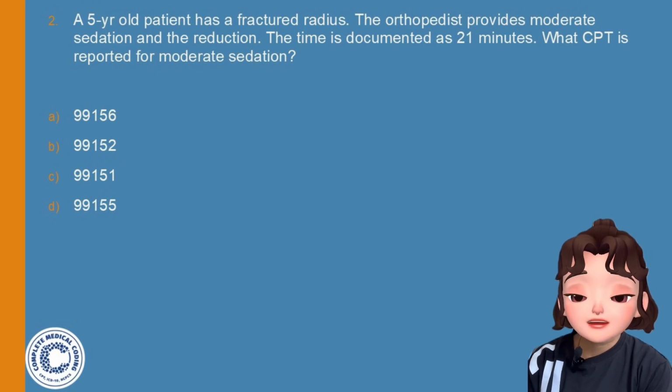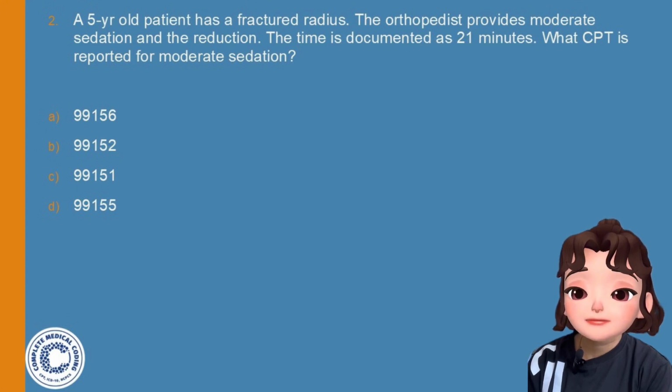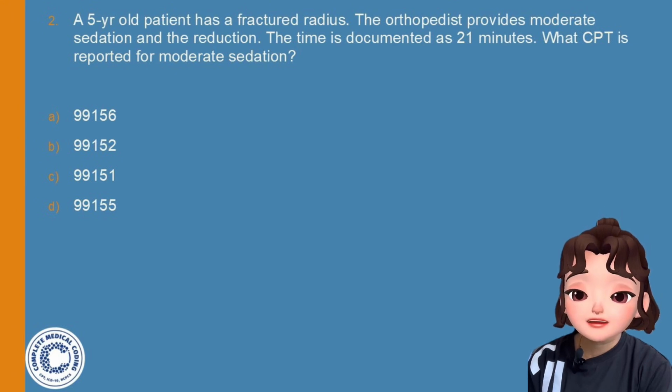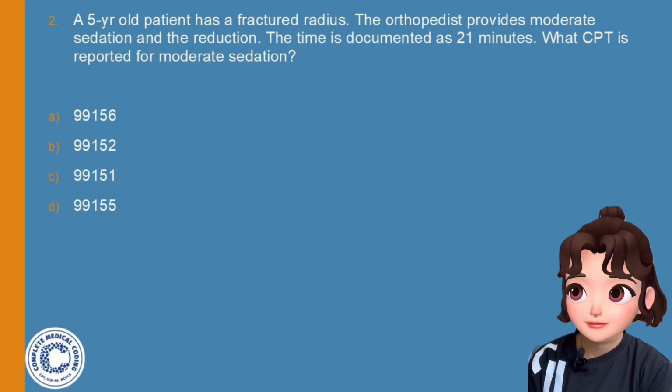What is 99155? Moderate sedation services provided by a physician or other qualified healthcare professional other than the physician or other qualified healthcare professional performing the diagnostic or therapeutic service that the sedation supports, initial 15 minutes of intra-service time, patient younger than 5 years. No, this is 5 years of age. So what is 99156? Same description, initial 15 minutes of intra-service time, patient age 5 years or older.